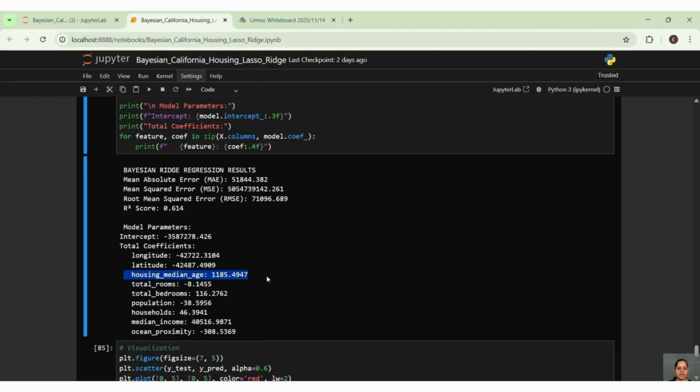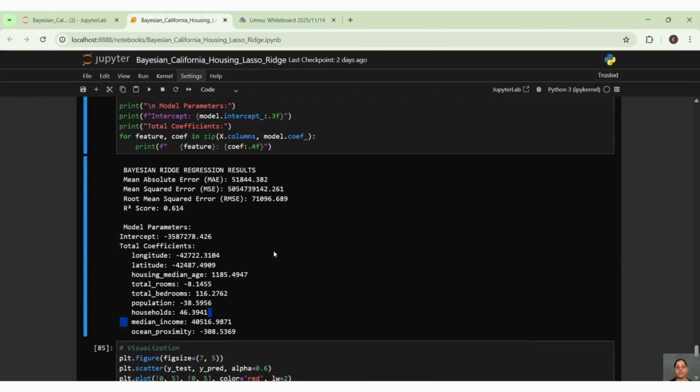Housing median age, we are getting in the positive term. Then total rooms, we are getting in negative. Total bedrooms, we are getting positive. Population, we are getting in negative. Households, we are getting this. Then median income, we are getting 40,516, and ocean proximity, we are getting 300 -308.